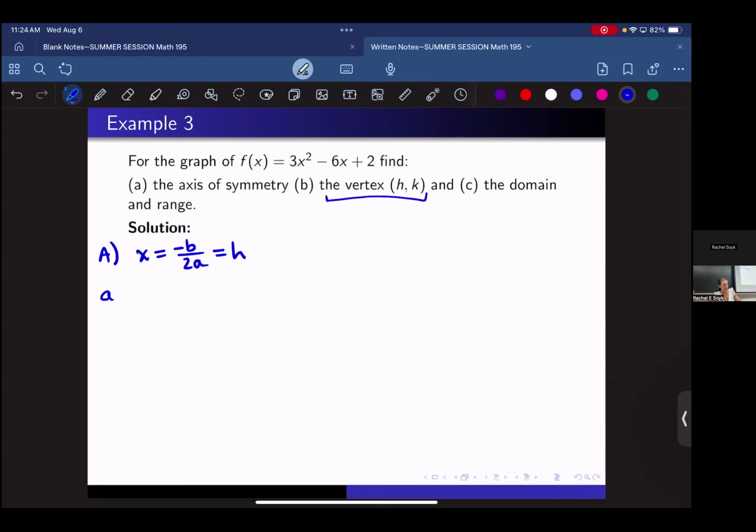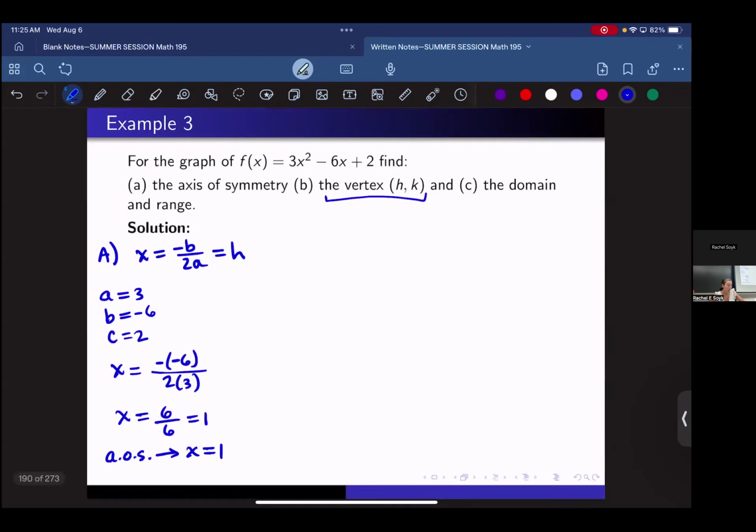Our a is 3, our b is -6, our c is 2. Plug this in, we get negative in parentheses -6 all over 2 times 3, which is the same as +6 over 6, which gives you 1. So our axis of symmetry is x equals 1.